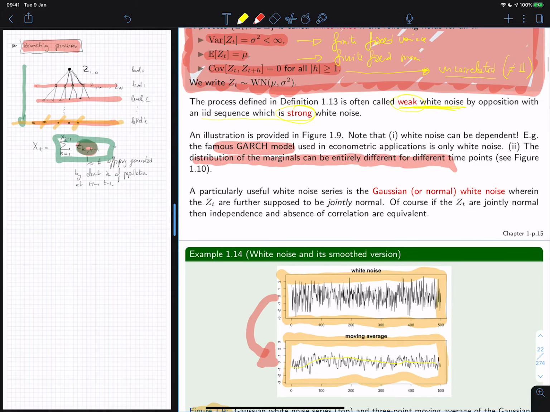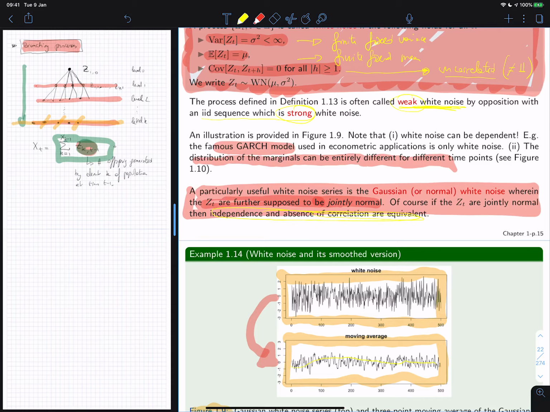The final definition is of a kind of white noise that is particularly useful: the white noise which is itself jointly Gaussian, so Gaussian white noise. That's the case in which we suppose that the ZTs are jointly normal. If the ZTs are jointly normal, then of course uncorrelatedness is equivalent to independence.